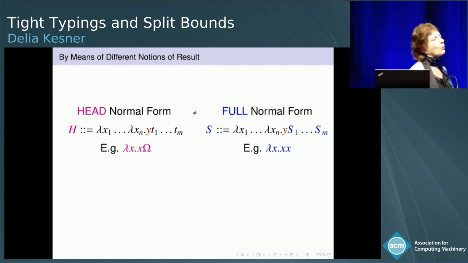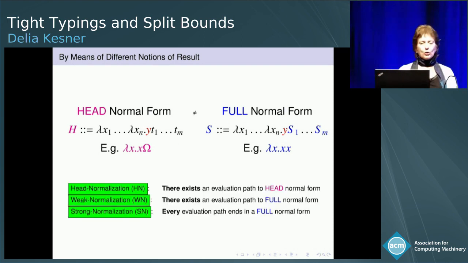For example, if you work with programming languages, maybe you will be interested in head normal forms, or if you work with proof assistants, maybe full normal forms are more appropriate. But in any case, given a fixed notion of result, then you can define your property, and there are different kinds of properties that you can define.